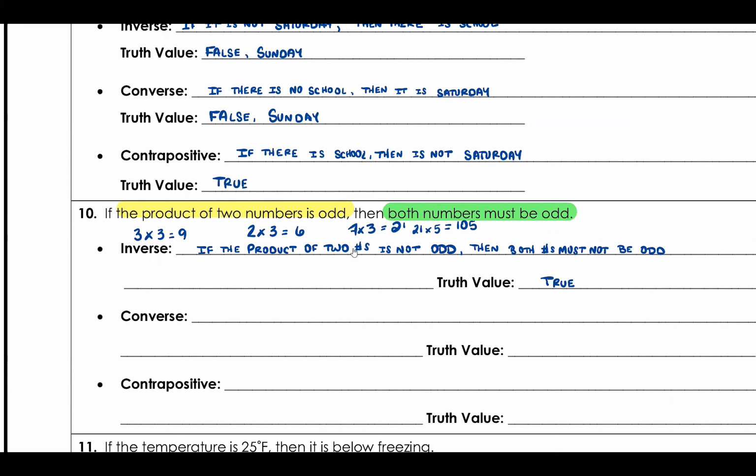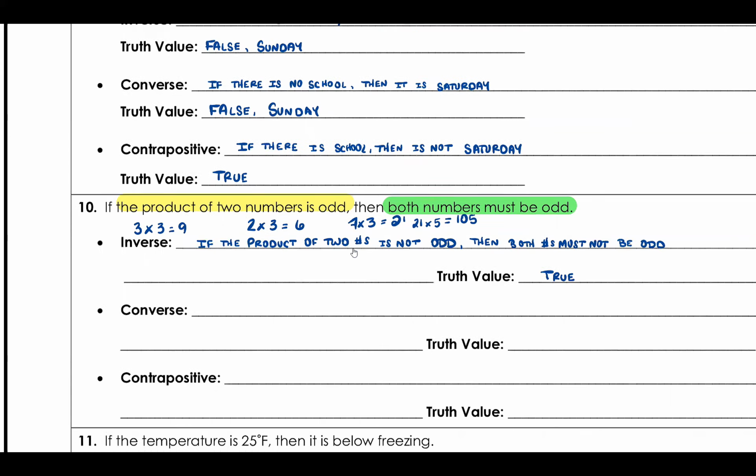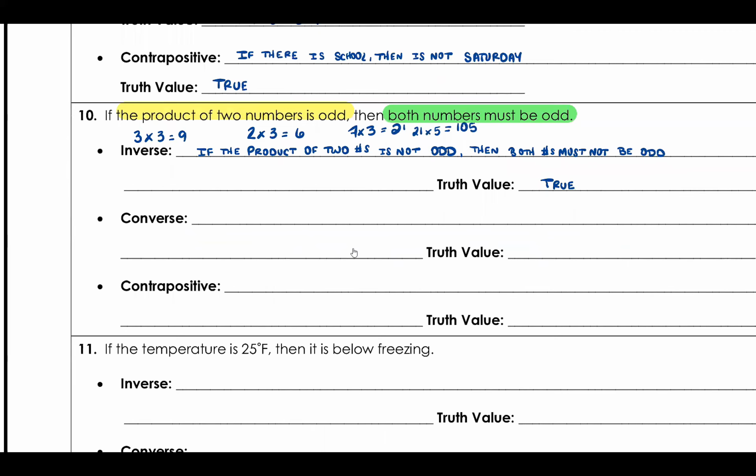Converse. We're going to switch P and Q. We're going to put our conclusion first and our hypothesis second. The converse. If both numbers are odd, then the product is odd.